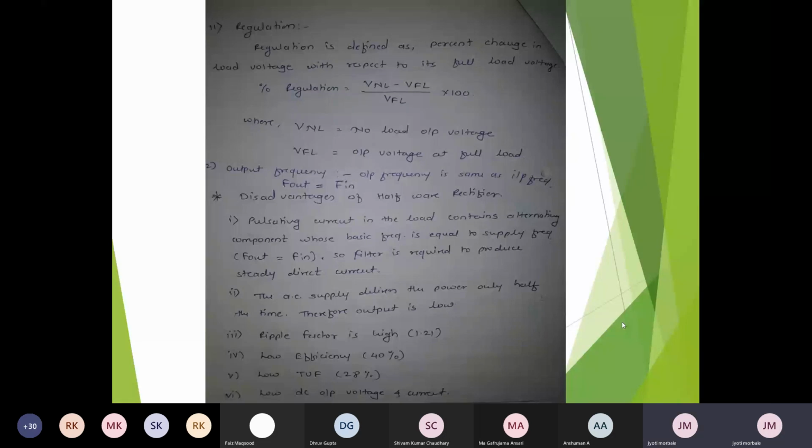Now, disadvantages of the half wave rectifier. You can have many disadvantages. First, the ripple factor is very high, that is 1.21. Then it has low efficiency, generally 40%. Low transformer utilization factor, that is 28%.